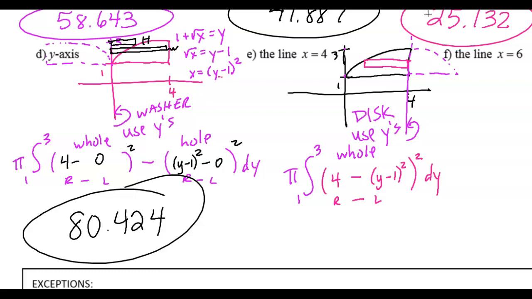So pi, math 9, 1 to 3, and I'm going to add in a parenthesis. So 4 minus x minus 1 squared, parenthesis, square that again, and then dx. So I got 53.616.